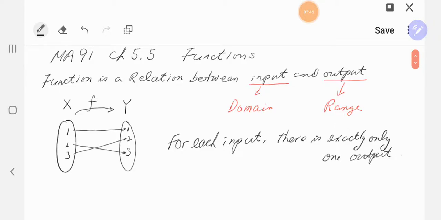So if a relation has this condition, for each input there is exactly one output, then this is a function. We call it a function.